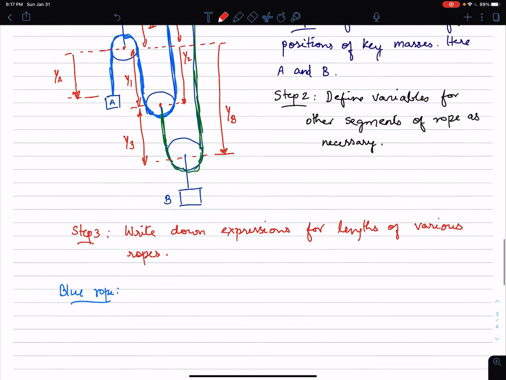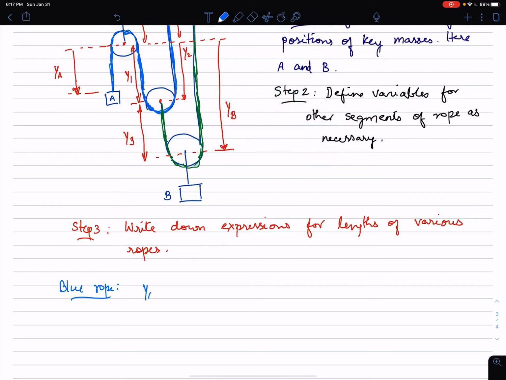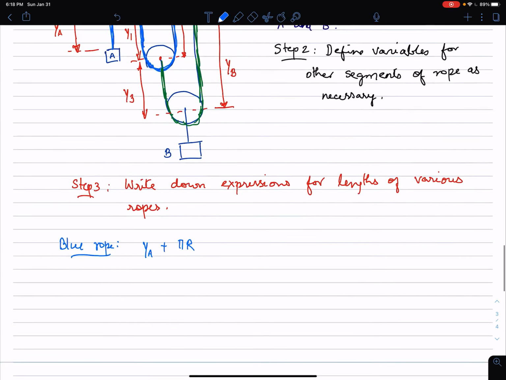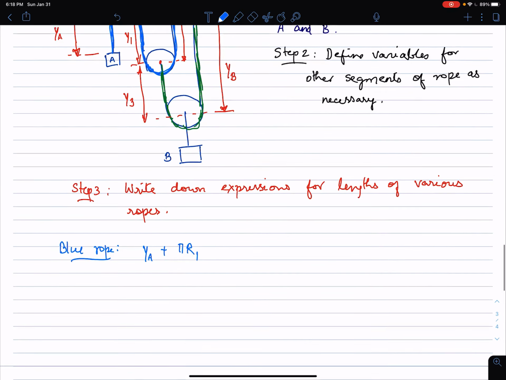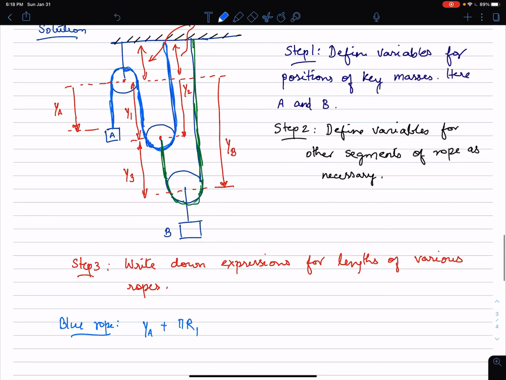It's some constant. Okay, so the blue rope is basically YA plus pi times R, where R is the radius of this pulley. These pulleys could be the same radius or different radii. It doesn't really matter, but if you want to be careful or precise, you can say R1, R2, R3 for the different pulleys.